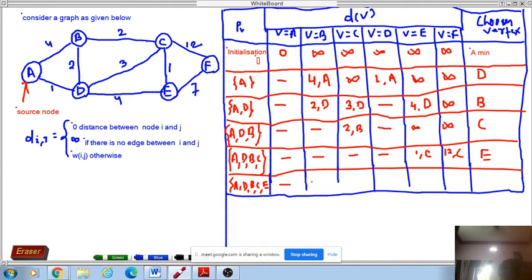This is also visited, D also visited, E also visited. So F, how much? It will be 7, so 7E. This is the minimum. Among these, the minimum is this, so I have to choose F.